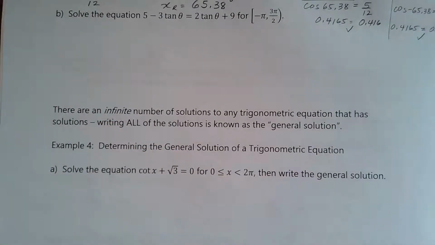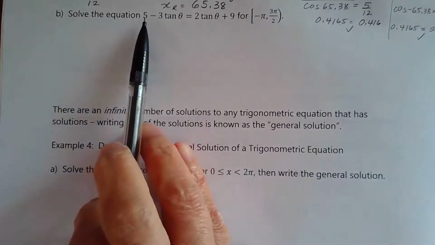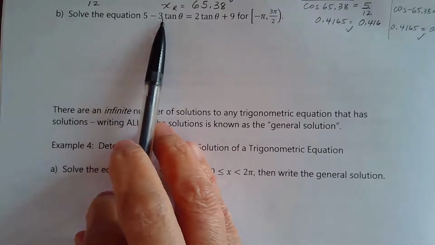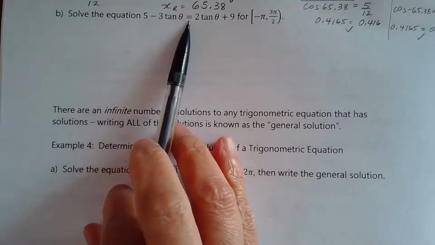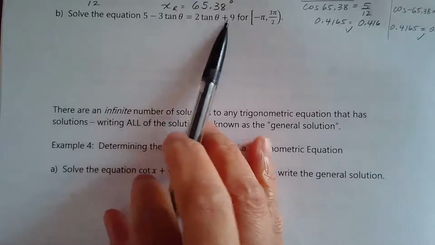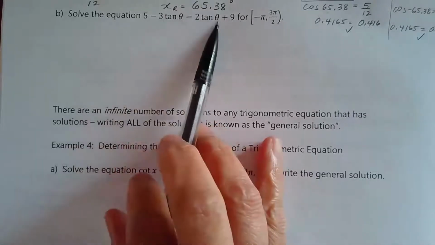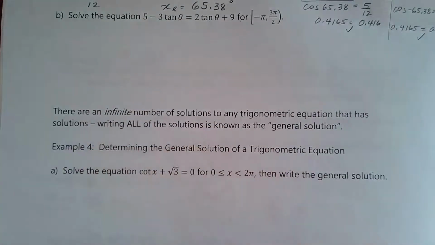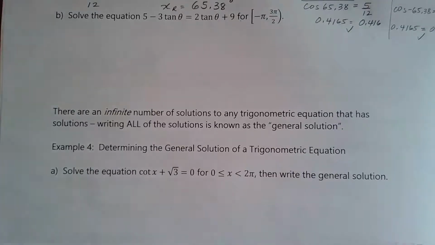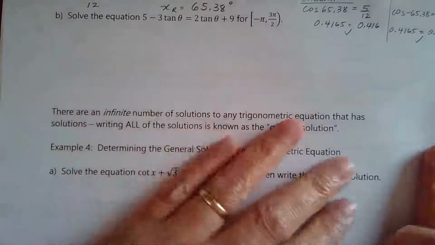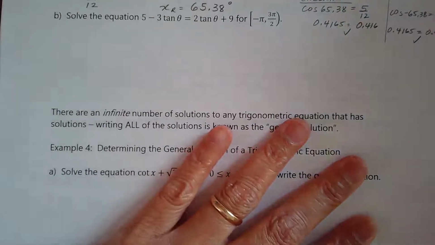Okay, so letter B. 5 minus 3 times tan of theta is equal to 2 tan theta plus 9. You can see it's starting to get more complicated as we go on, and that's how it should be. We can't be learning the easy stuff all the time.